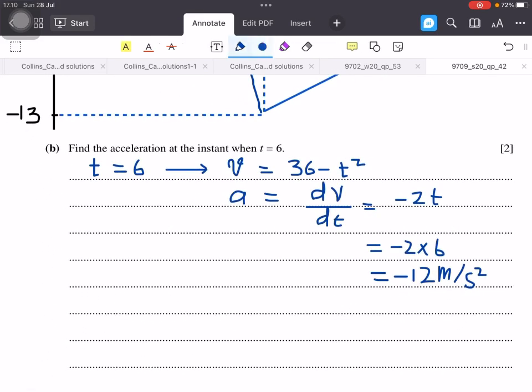The equation for the speed is 36 minus t squared. Acceleration is the first derivative of v, so it's negative 2t, and then substitute t with 6. The acceleration of the particle at this instant is negative 12 meter per second square.